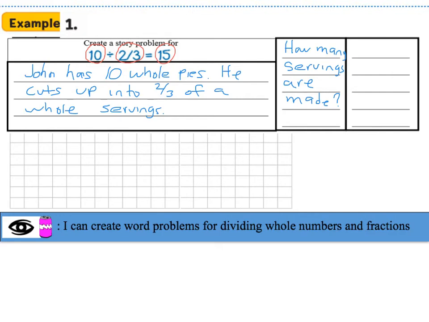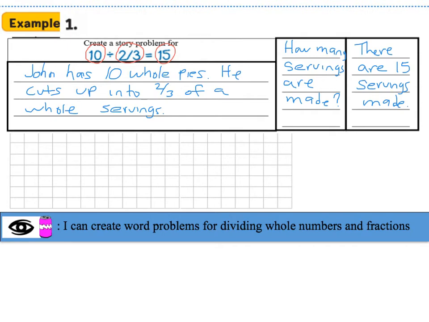And then now I'm going to interpret the solution. Because they solved the problem for me, I'm going to say that there are 15 servings made. So I just told you exactly what that 15 meant. It meant servings because that's what the problem was about.